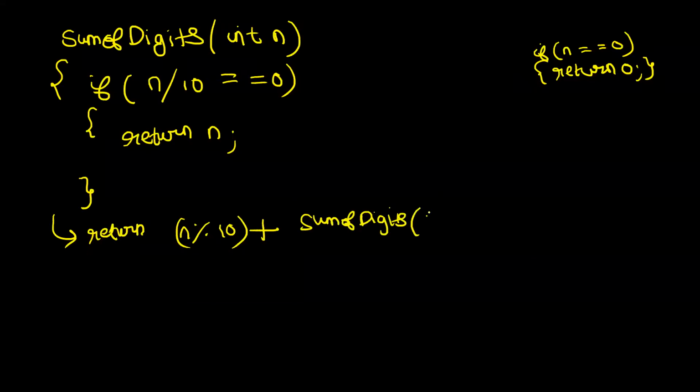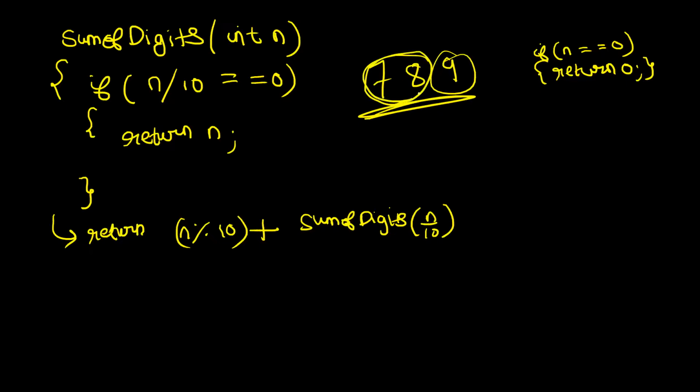And what is the remaining number? n by 10. So the sum of digits of 789 is nothing but n percentage 10, which is 9, plus the sum of digits of 78. The sum of digits of 78 will be 15. 15 plus 9 will be 24. And 24 will be returned as the output of f of 789. Is this making sense, guys? Done. Put up the code.